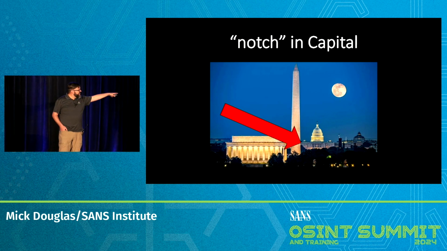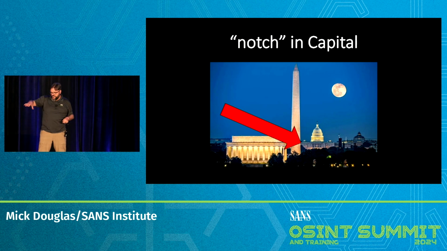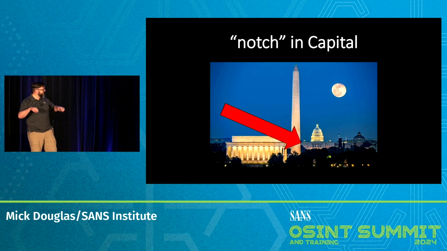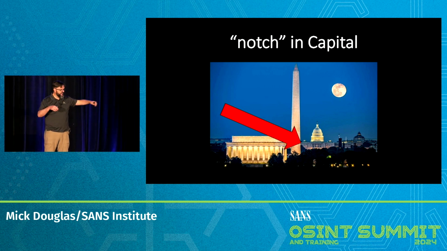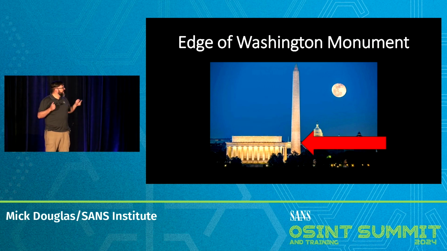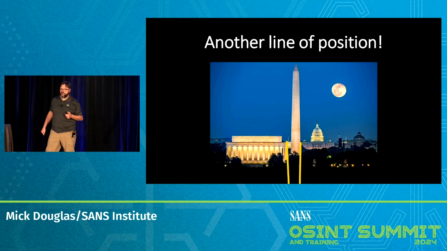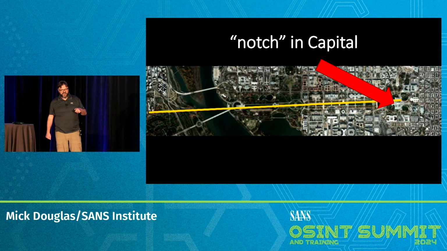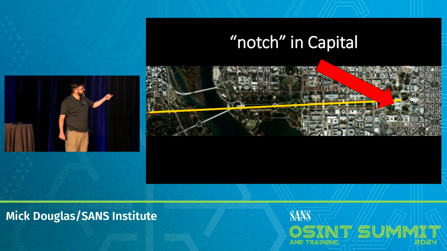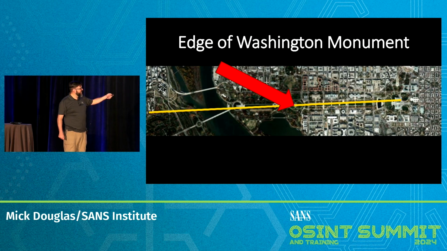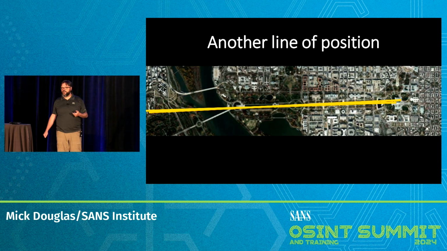There's a notch in the Capitol where you're going from the main Capitol entrance, below the rotunda, to the Senate. I don't know the architecture term for it. That lines up with the edge of the Washington Monument. You got yourself another line of position. Put that on, here's the notch, here's the Washington Monument, that's another line of position.